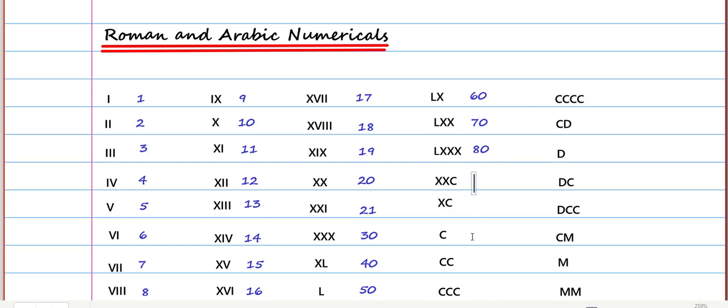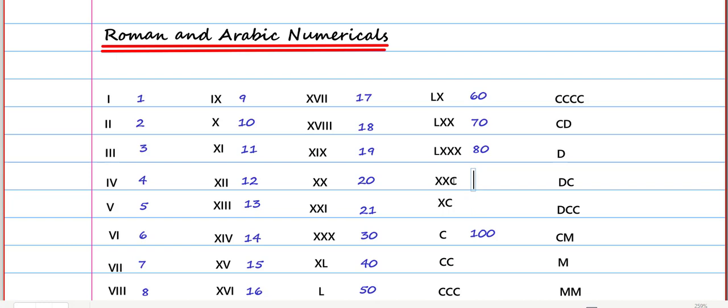Before writing this, you need to know what is C. What is C? C represents 100. So I hope you can now know what these two numbers are representing. Let's try this one. C is 100, right?